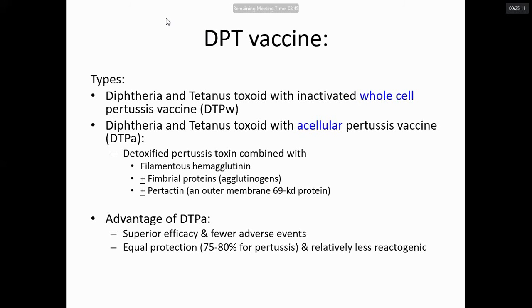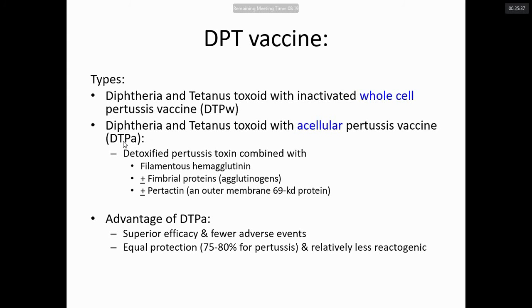Next, DPT. This is given at 6, 10, and 14 weeks. There are different terms like DTWP, that is diphtheria, tetanus, whole-cell pertussis, and DTAP, that is diphtheria, tetanus, acellular pertussis. In DTWP, diphtheria and tetanus are toxoids and whole-cell pertussis is taken.